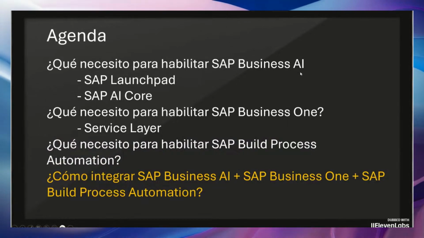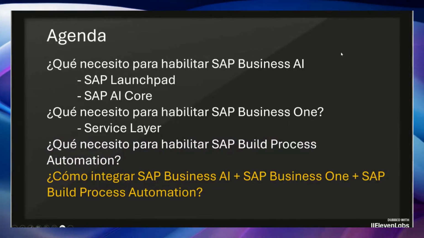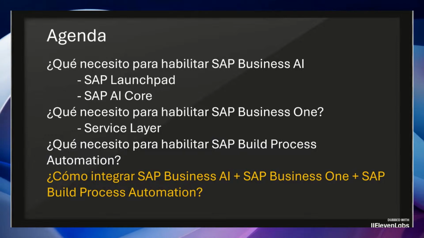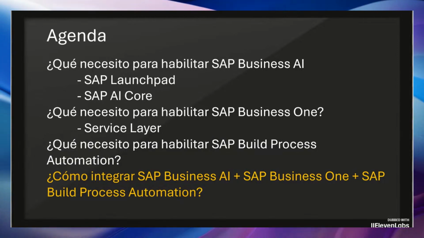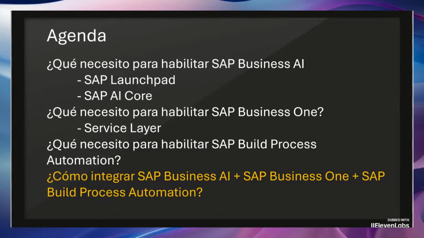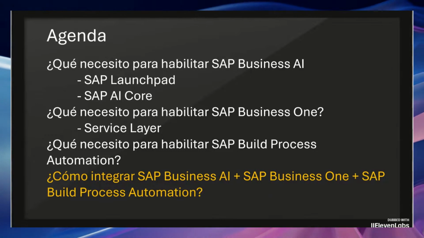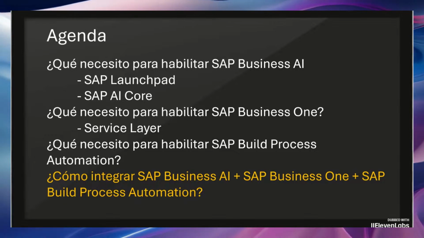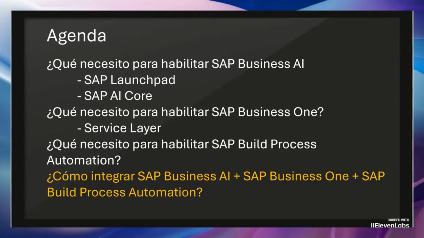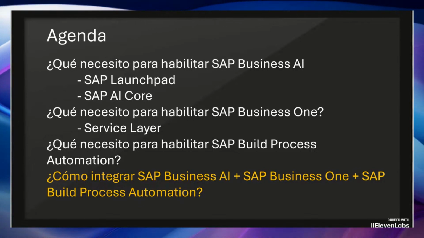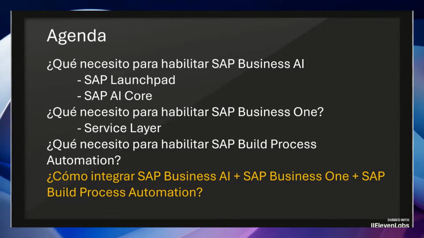There it is. The idea is to see in the agenda what I need to enable SAP Business AI. I need the Launchpad and I need the AI Core, which are two services within Business Technology Platform. Next, what do I need to enable SAP Business One?